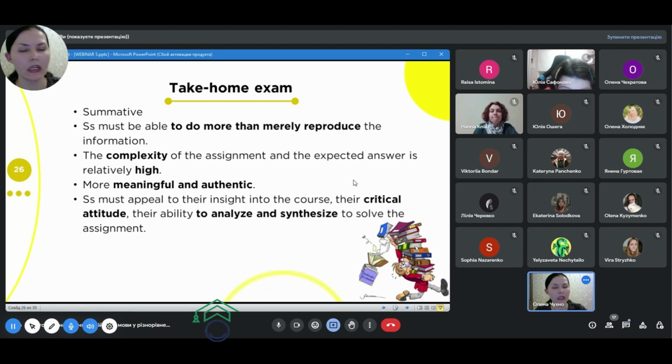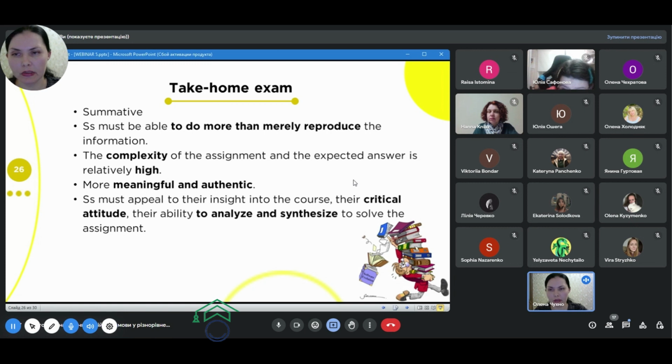But if you decide to allow your students to do some exam assignment at home, you should make sure that this assignment involves not just mere reproduction of the material, but it also requires students to find some additional information, maybe online, to analyze something, to synthesize the information.